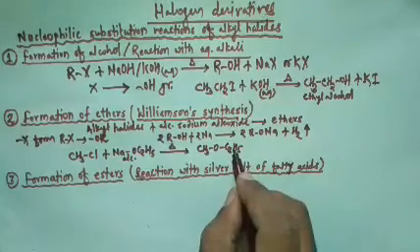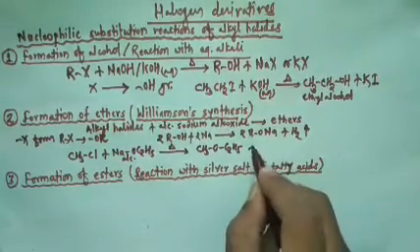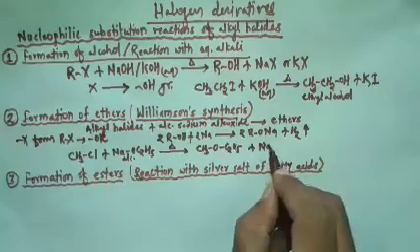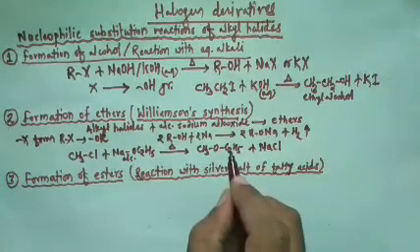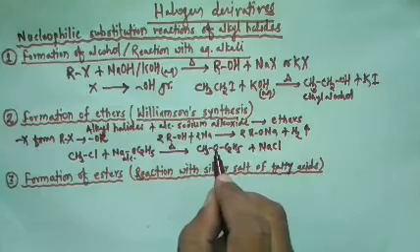Its name is ethyl methyl ether, and the byproduct formed is NaCl. So the name of this ether is ethyl methyl ether.